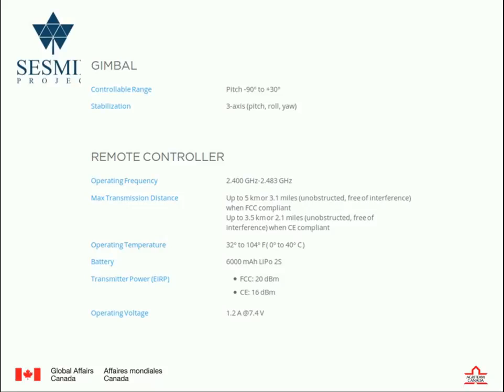Operating temperatures again are from 0 degrees to 40 degrees centigrade. And your battery, again, because you're using this special technology, the batteries for the Phantom 3 Advanced and Phantom 3 Pro and Phantom 4 are the same, but you cannot use older Phantom batteries.